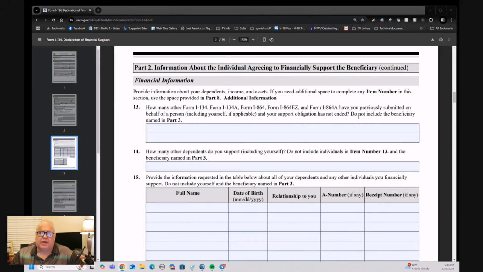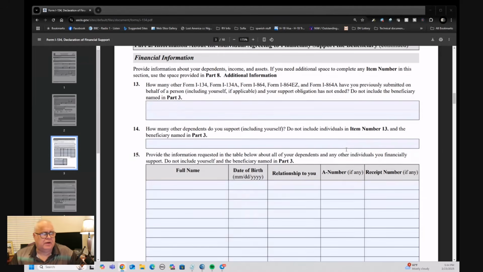You need to understand that if you've got an existing commitment, particularly on the I-864, to support some other immigrant, there's a period of time when that will continue, and you need to make sure that that period of time has ended before you start another promise on the I-134, I should say.